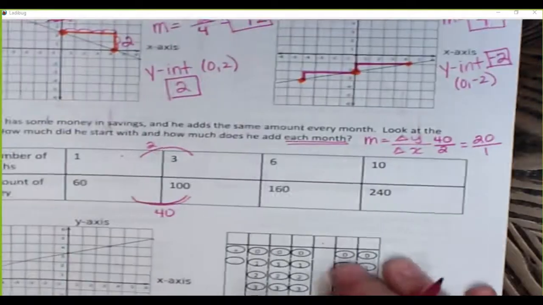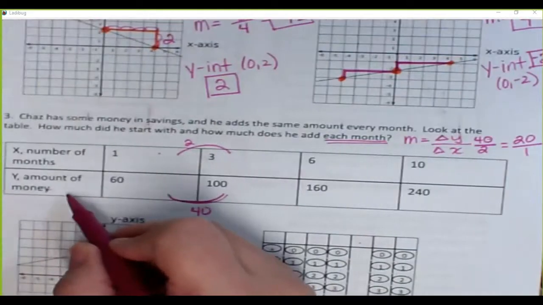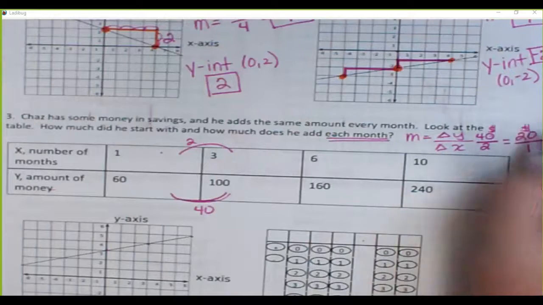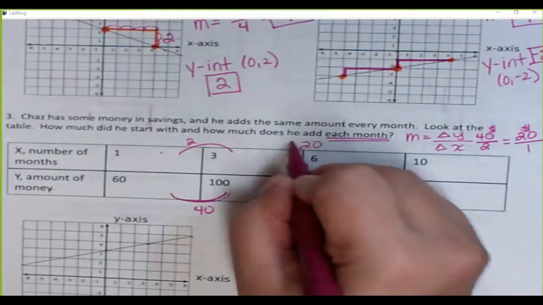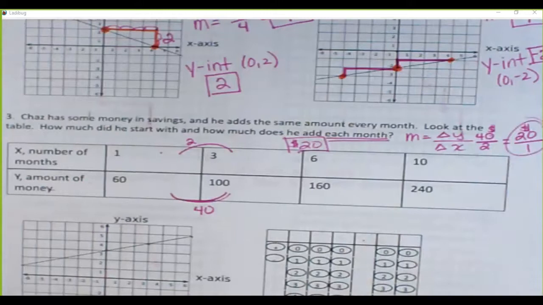Remember, this 40 was talking about the money, because it's the y value. So it's how much money each month? $20 each month. That right there is my slope.